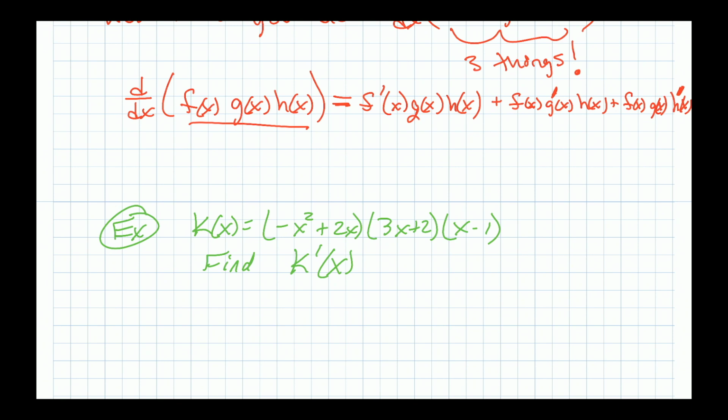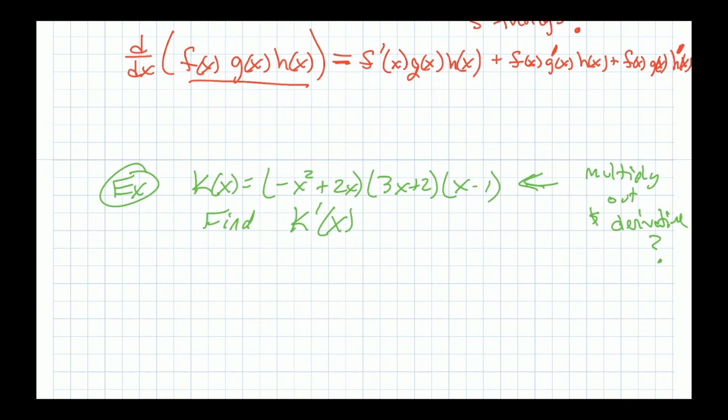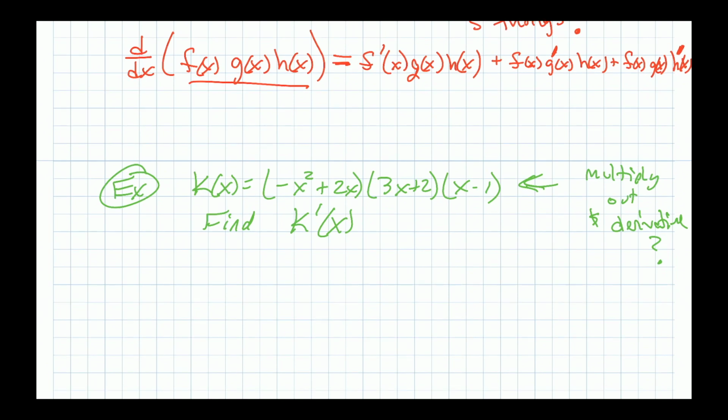Now, remember what you could do. You could just multiply this all out, right? You could multiply out and then do the derivative. Maybe. Or use the product rule.